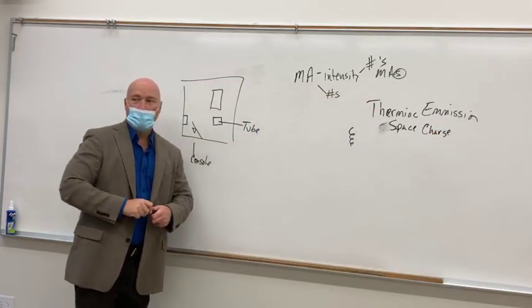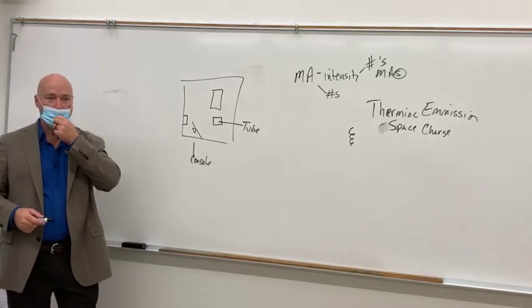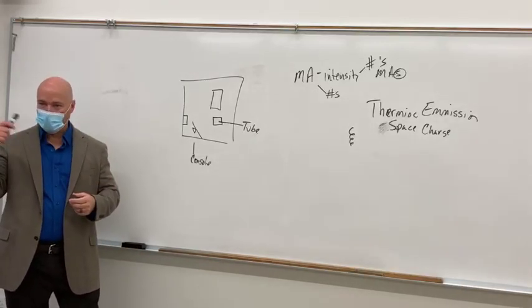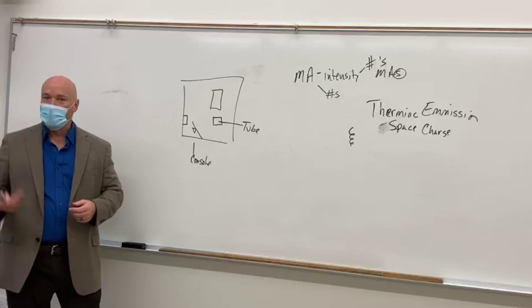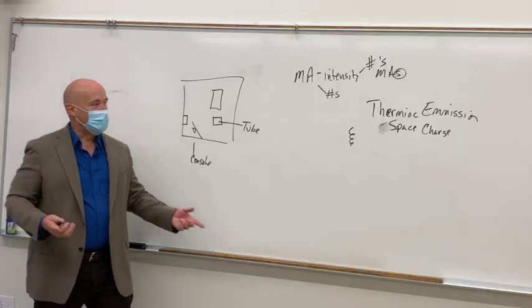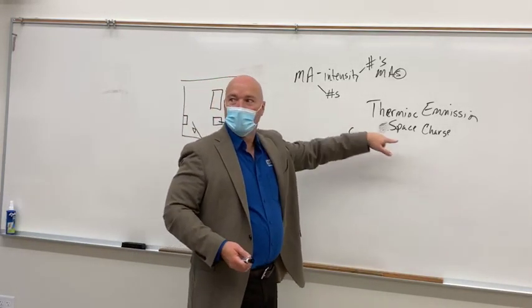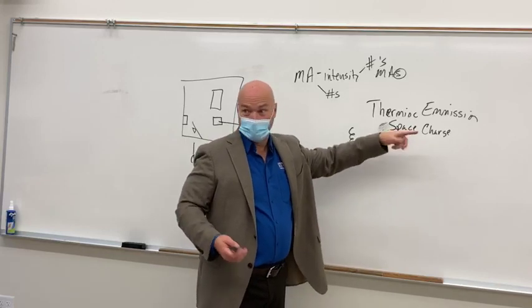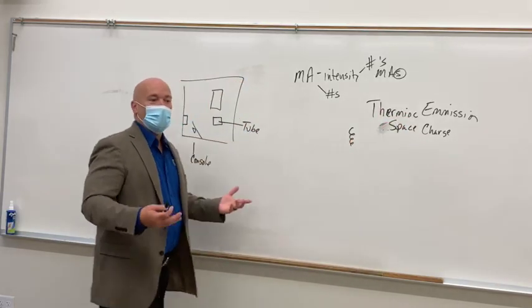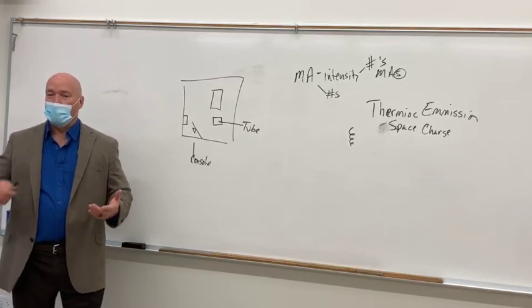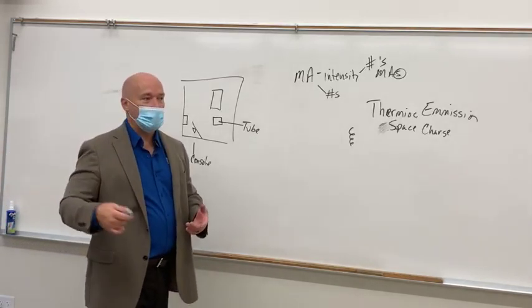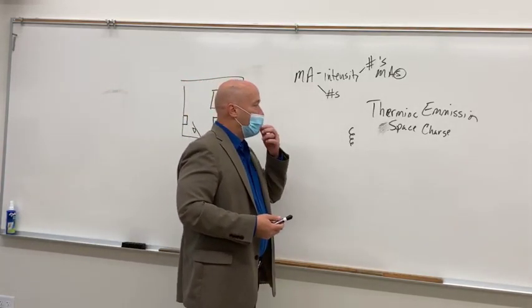All you're doing is lighting a light bulb. You do the exact same thing when you turn on an incandescent light bulb. That's a light bulb with a filament. When you turn it on, the reason it glows is because you're getting thermionic emission. You're creating space charge. That's all you're doing. So all you did was turn on a light bulb and spin a little spinning thing. That's all you did whenever you hit the prep button.